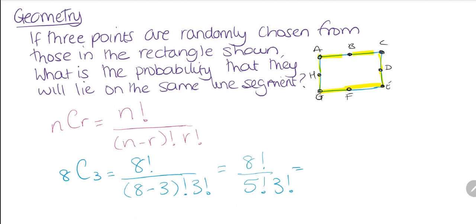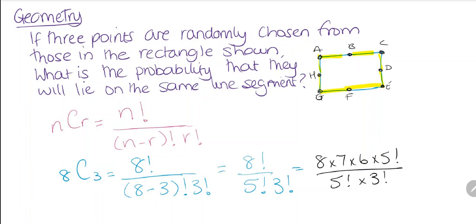So we can simplify. 8 times 7 times 6 times 5 factorial over 5 factorial times 3 factorial. So the 5 factorials will cancel, and then we have 3 factorial, which is 3 times 2 times 1. 3 times 2 is 6. So we've got 56 possible combinations.